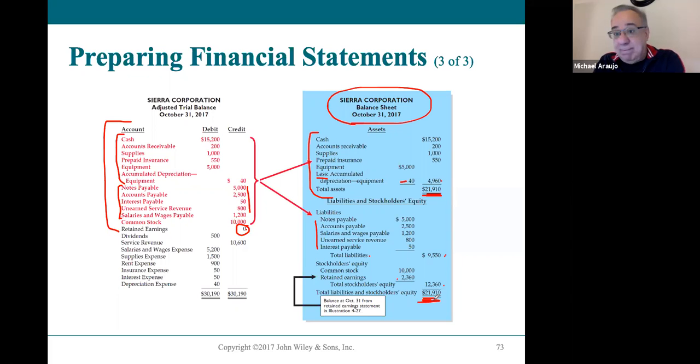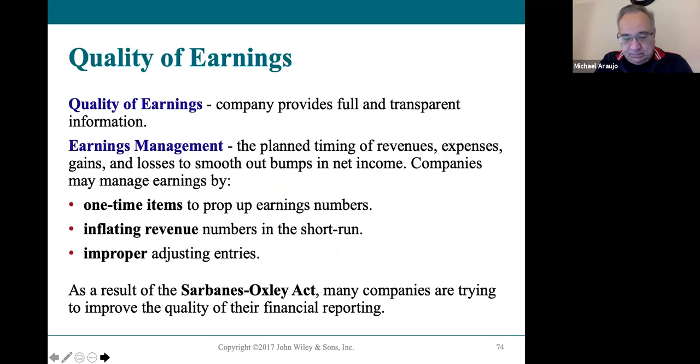This is the next step. This is really the work that has to get done in this part of the chapter. So we want to make sure that our earnings are of high quality, and we go through these processes to make sure that our revenue is accurate, our expenses are accurate, so we can basically provide a clear pathway to say this is all the information we have and it's reflected in our numbers.